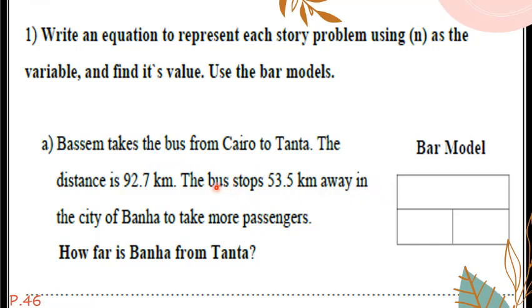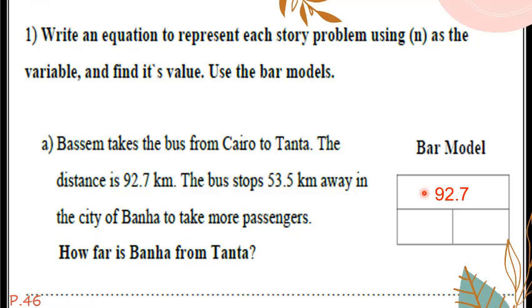Let me continue. The bus stops 53.5 kilometers away in the city of Banha to take more passengers. How far is Banha from Tanta? As we said, the bar model consists of the total up here. So I'm going to write 92.7.